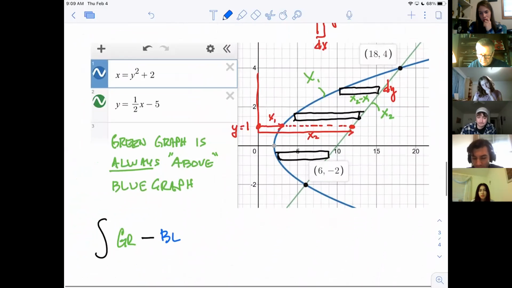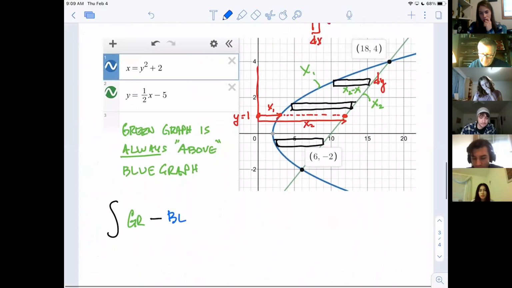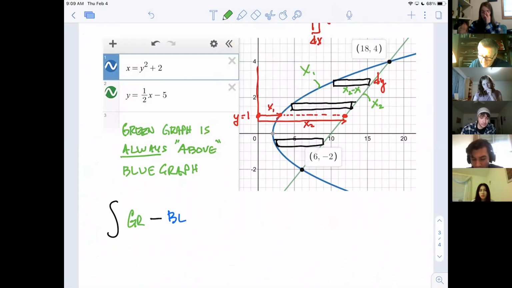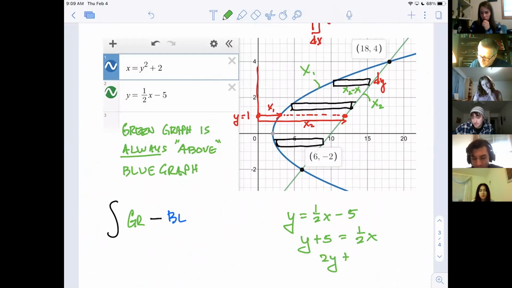So if I resolve the green graph for x, that would be y plus 5 equals 1/2 x. I would multiply both sides by 2, so I'd have 2y plus 10 equals x.